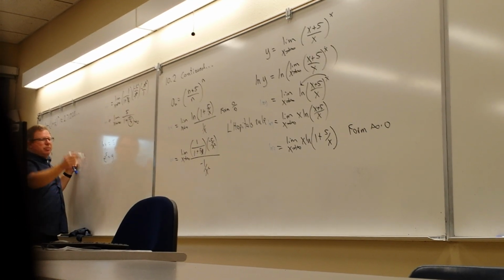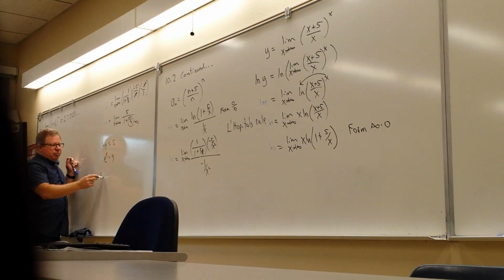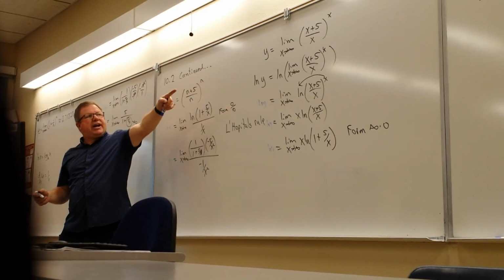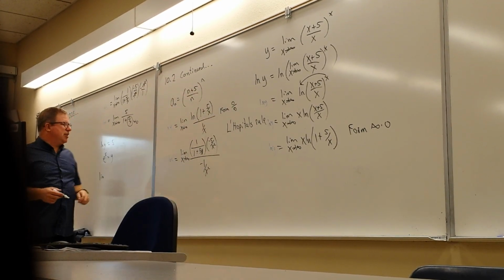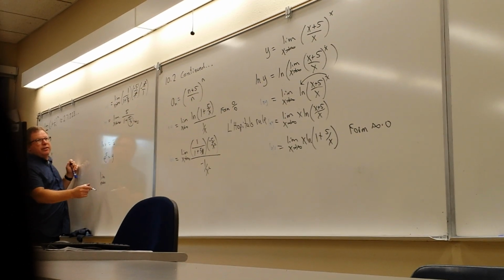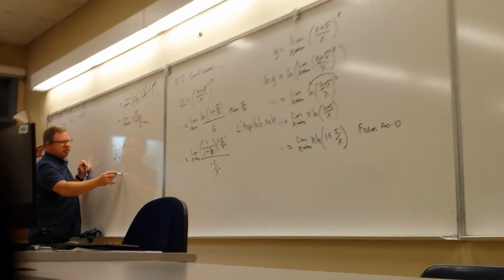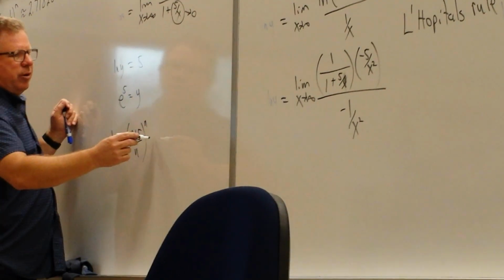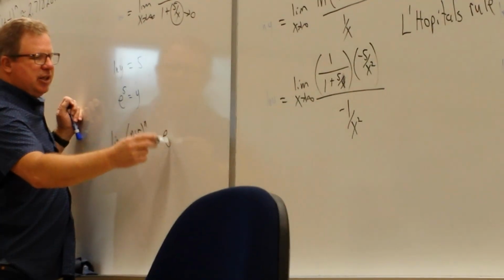Y is the limit. So now we have the limit, and that is equal to this version with n. The limit as n goes to infinity of n plus 5 over n raised to the nth power is equal to e to the 5th.